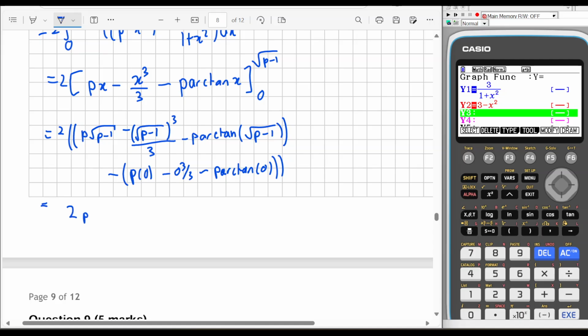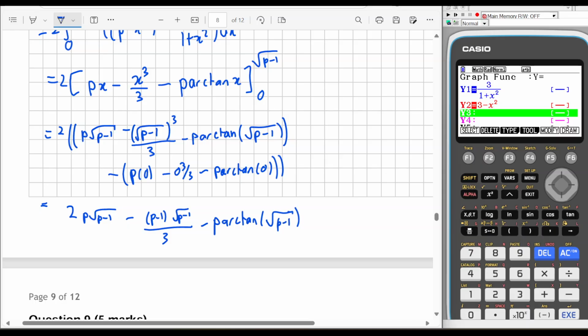So this is 2p root p take 1. Root of p take 1 cubed is, so you sort of get root of p take 1 squared times root of p take 1. But root of p take 1 squared is just p take 1. So you get that. And you get p arctan of root p take 1.